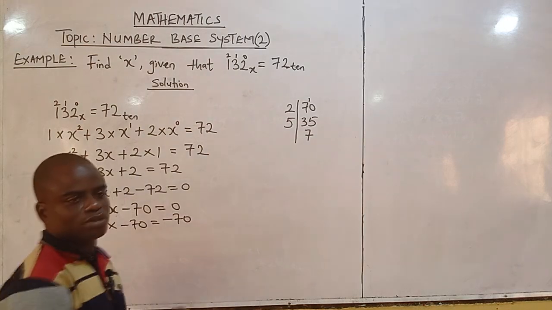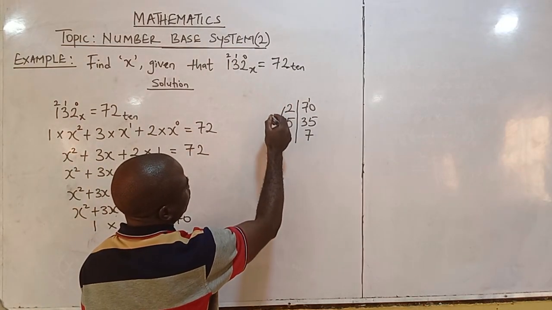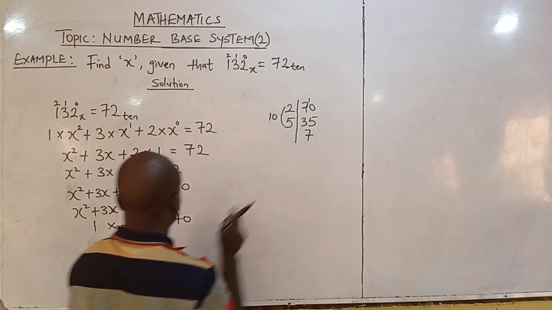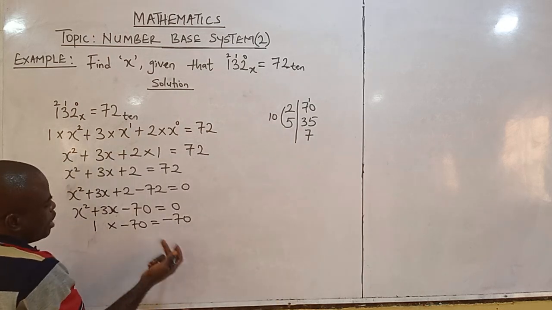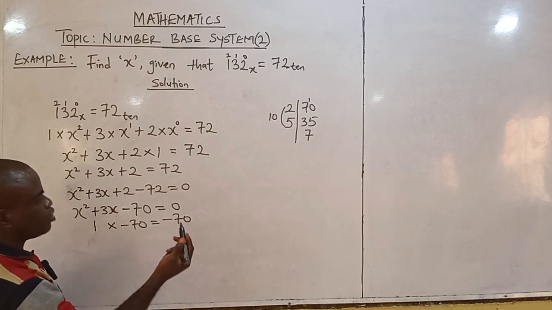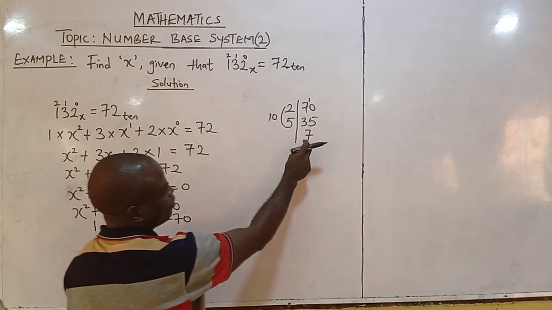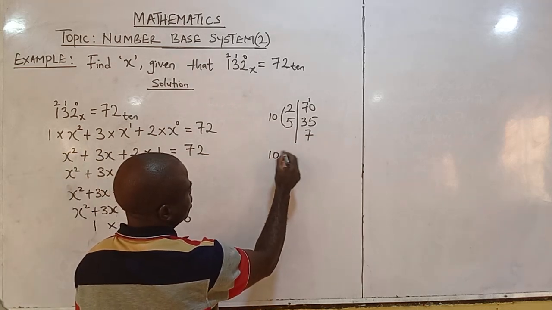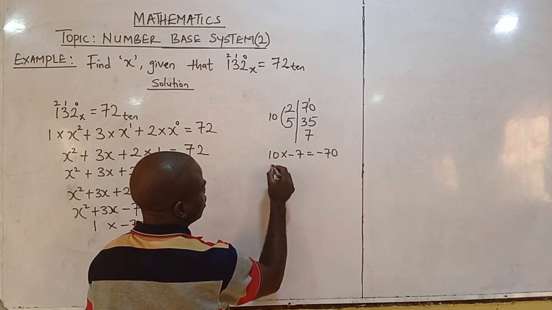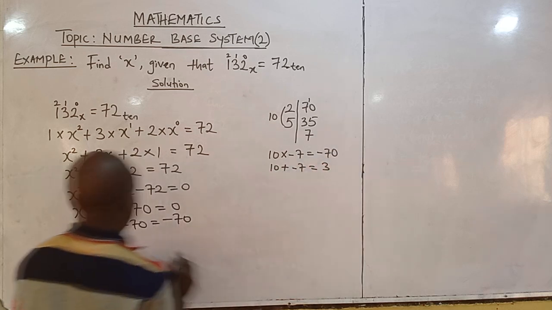Nothing. You pause. Look at it again. If I join these two together, 2 times 5, which is 10. When I say 10 times 7, will give you 70. Where will I put the negative sign? That when I add them together, those numbers together, it will give me plus 3. You see that you have to put in the lesser value, which is 10 times minus 7 will give you minus 70. 10 plus minus 7 will give you 3.